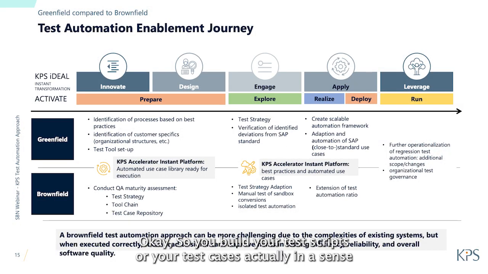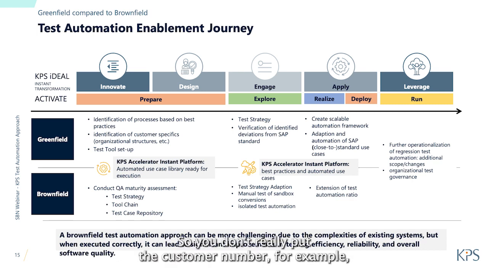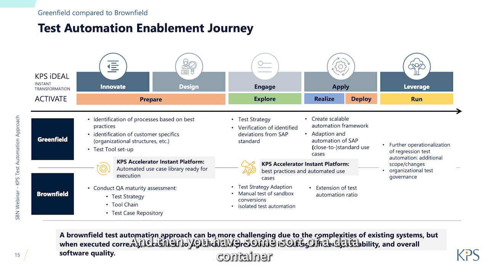Okay, so you build your test cases in a way that you can change the data in there. There is no fixed value. You don't put the customer number in directly; you put a value in that can be replaced, and then you have a data container from which you use data.